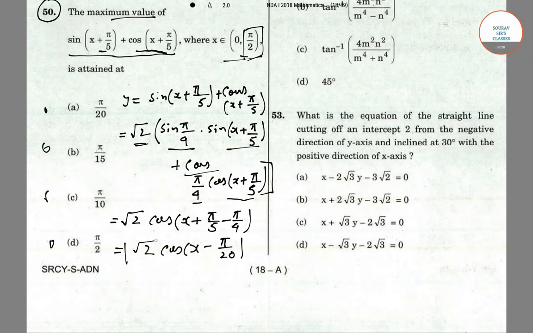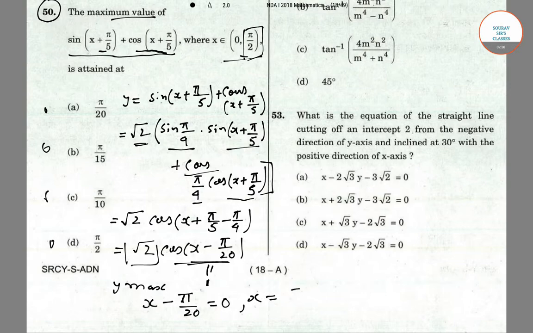So y will be maximum where cos(x minus pi/20) will be equal to 1. That means this term will be equal to 1 only when x minus pi/20 will be equal to 0. So from here we can find the value of x to be equal to pi/20.